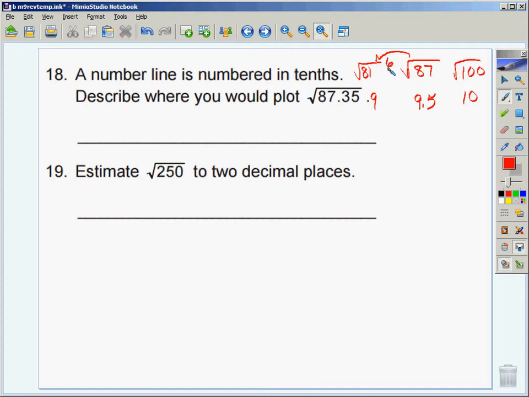This is 6 units away. This is 13 units away. So it's closer to the 9 than it is to the 10. So it's definitely in this half. So it's 9.1, 9.2, 9.3.